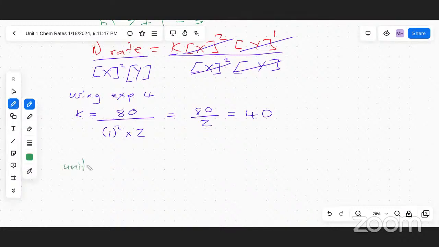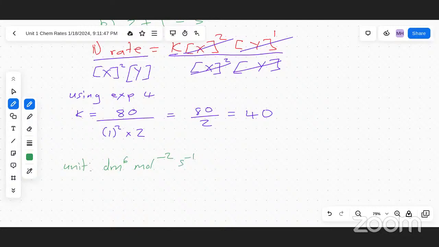So I said the unit is dm^6 mole^-2 second^-1. All right, that is correct.